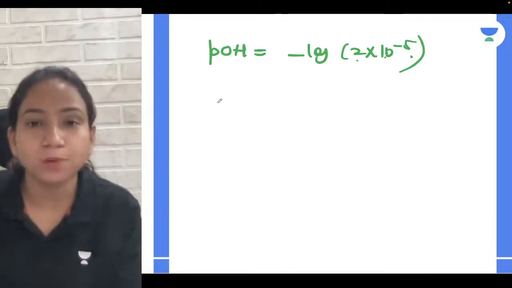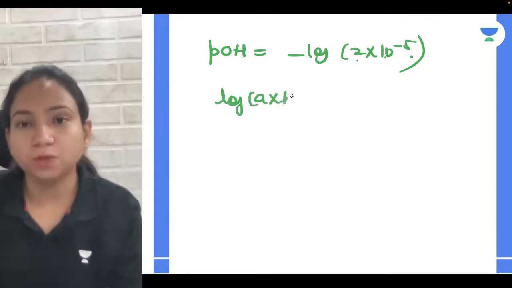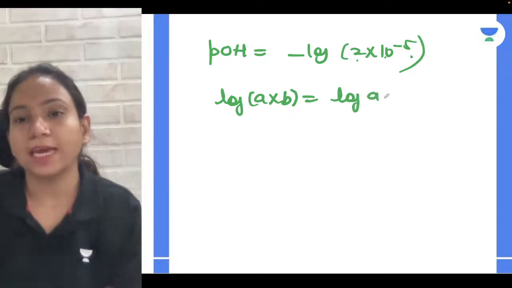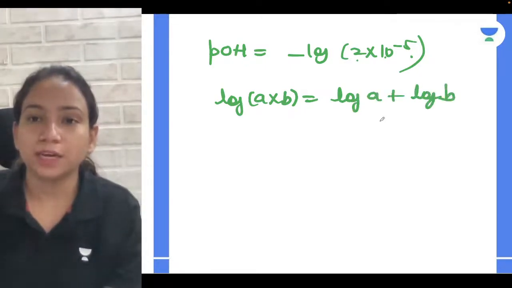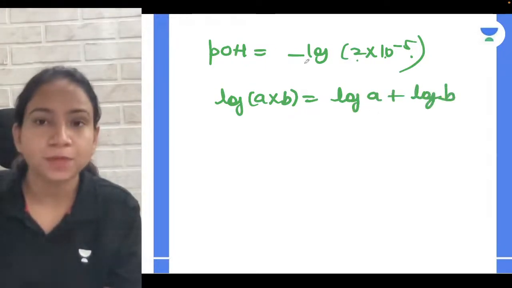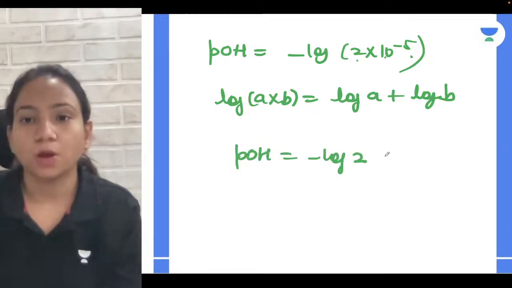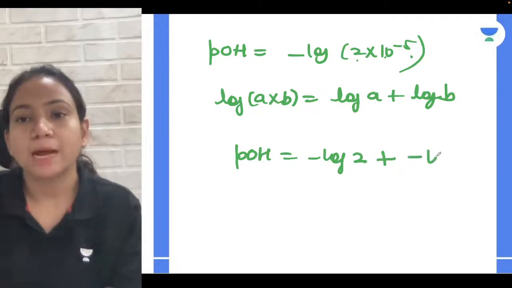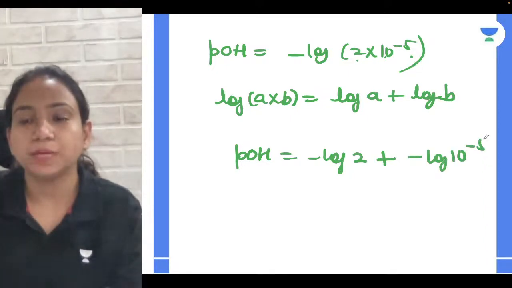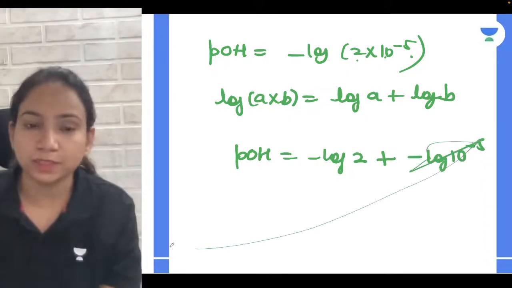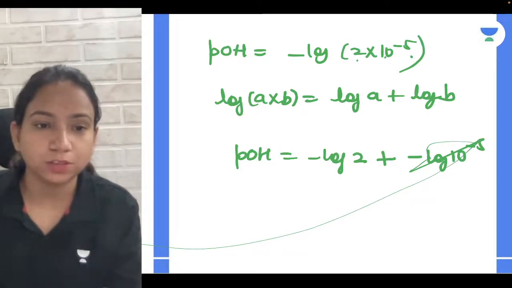Now I hope everyone remembers that log of A into B is equal to log A plus log B. Correct? So can I write pOH is equal to minus log 2 plus minus log 10 to the power minus 5?